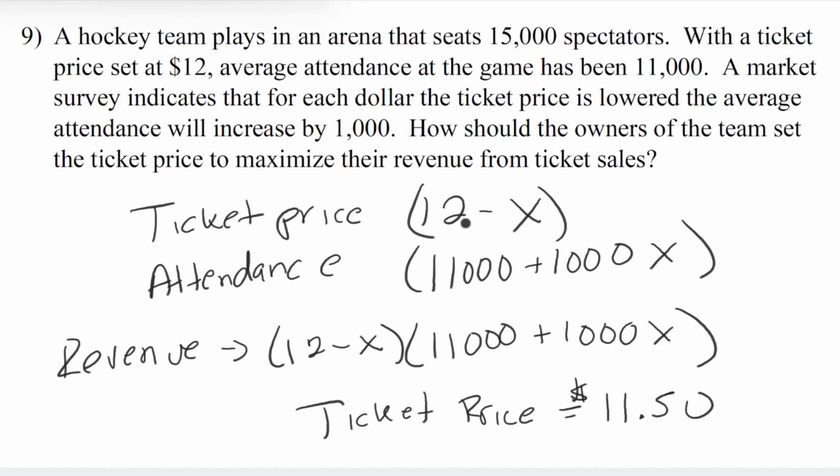And then you just multiply those two. The other thing you have to remember is no matter what you do, you're going to get a quadratic. There's going to be an x in both pieces. If you don't have an x in both pieces, you messed up. If your derivative comes out to be a single number, you messed up.